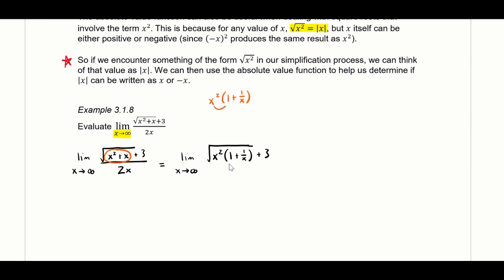Let's see. x squared times 1 is x squared, plus x squared times 1 over x is x squared over x, which is x squared plus x, which is what this thing is. So I'm basically pulling out an x squared, which right now seems a little arbitrary, but we'll see how that works for us in a second. And then my denominator here is just going to stay 2x.